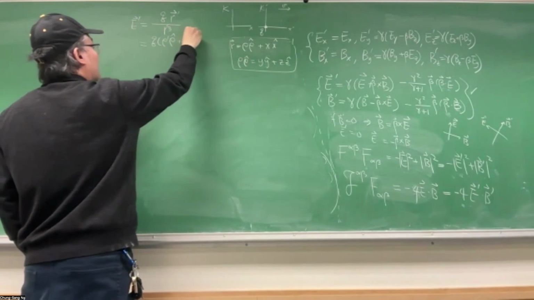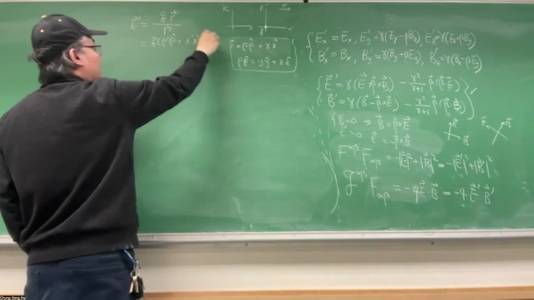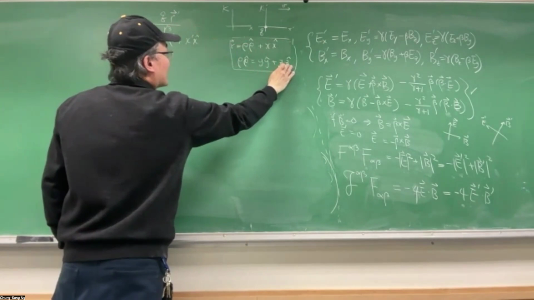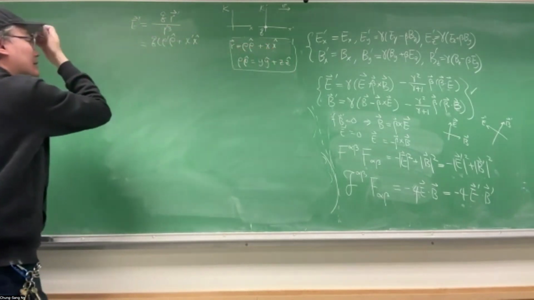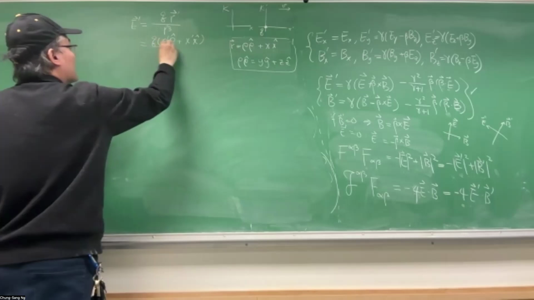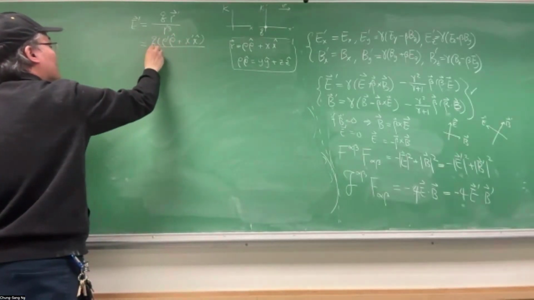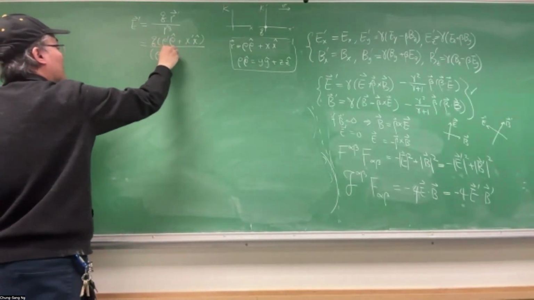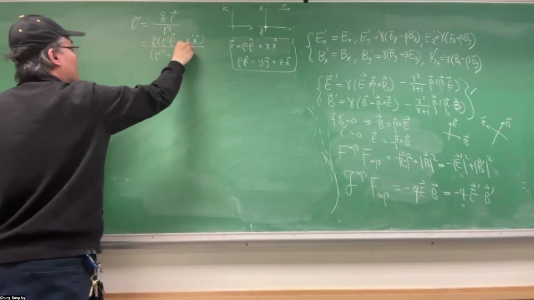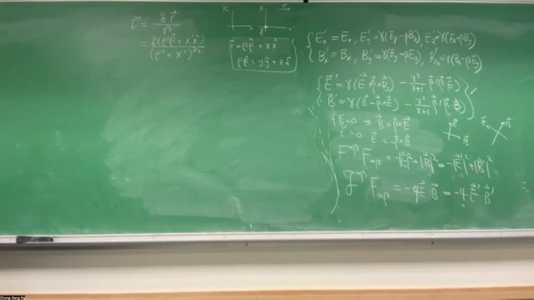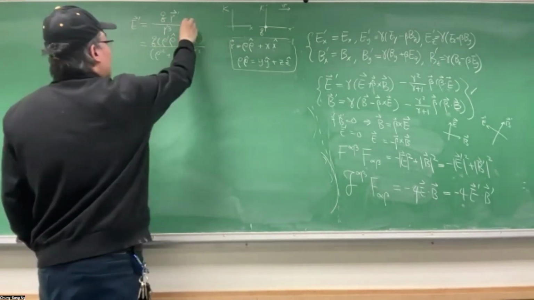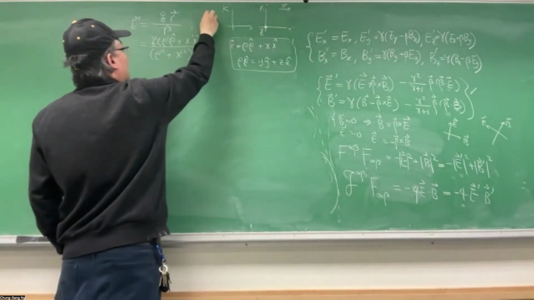The x hat doesn't change. Divided by Q, this is just rho prime squared plus x prime squared to the three halves. Now we know E prime, and B prime is 0 because it's electrostatic.